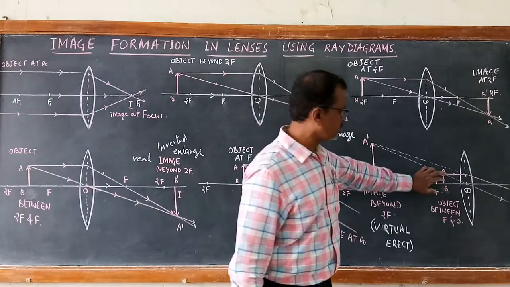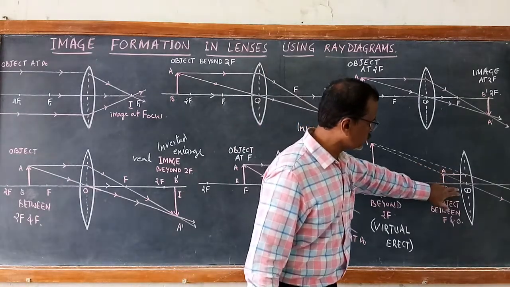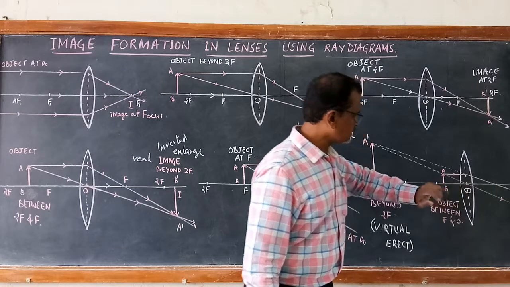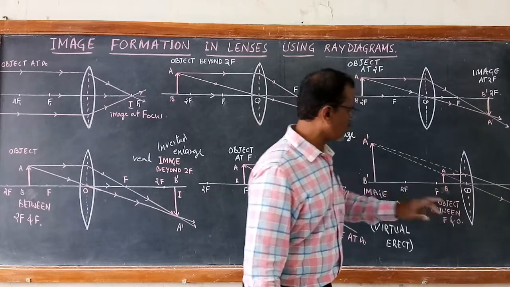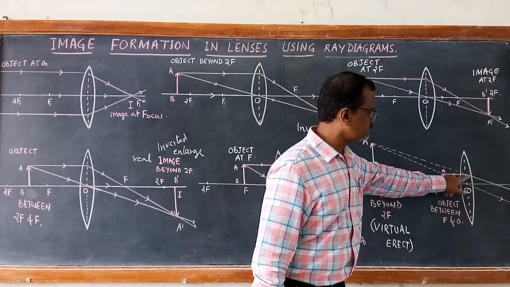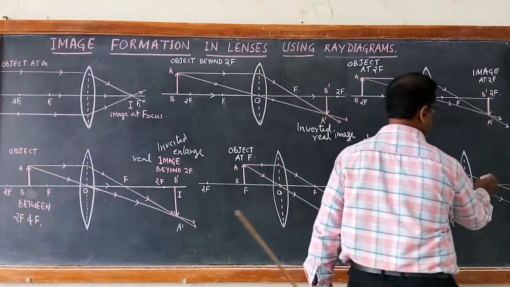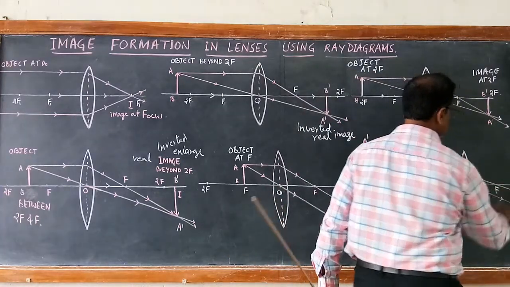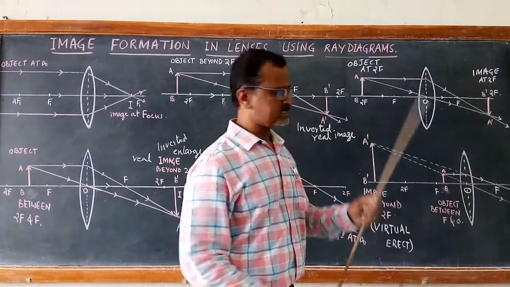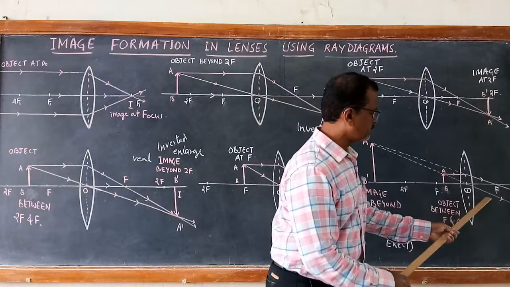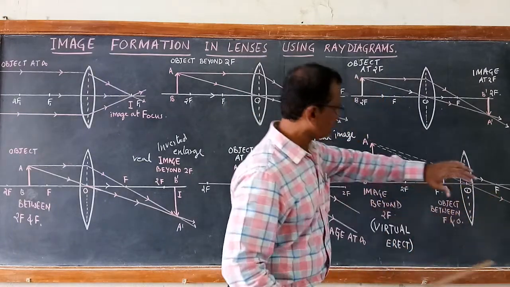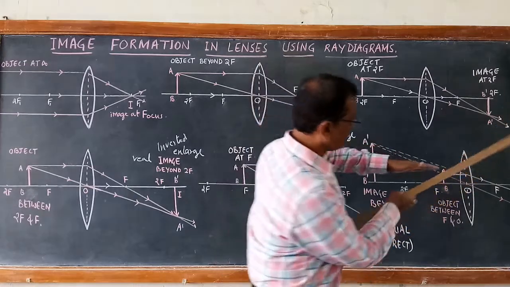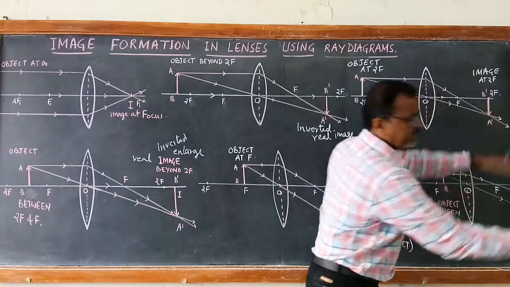That's what happens here. If a tiny object is brought very close to the lens, between F and O, draw one ray of light parallel to the principal axis. After refraction it passes through the focus. Another ray must be drawn through the optic center, then produce them back. Here they are diverging.